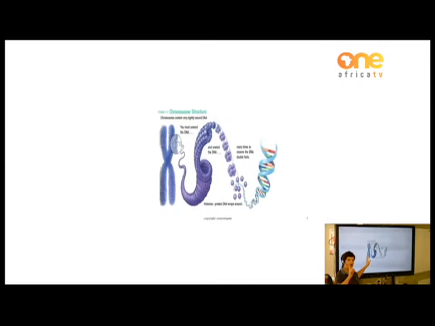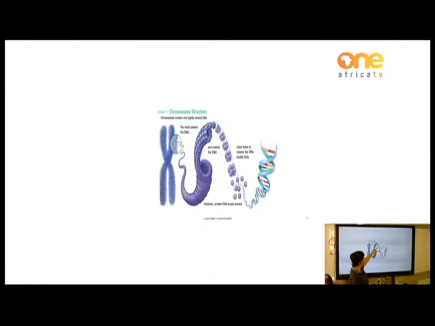I see a chromosome, and a chromosome is a length of DNA with a lot of genetic information on it. That length of DNA is actually the material that is called DNA.